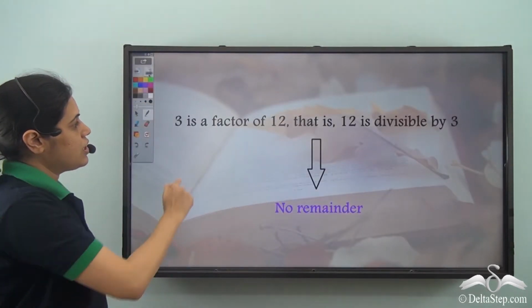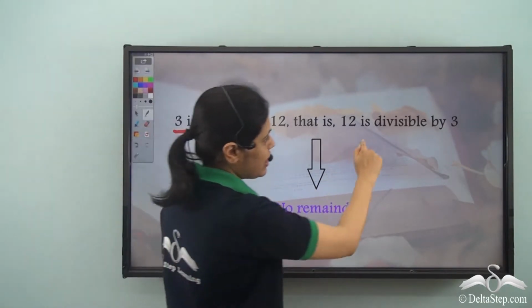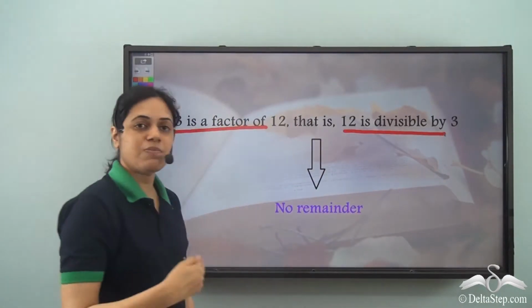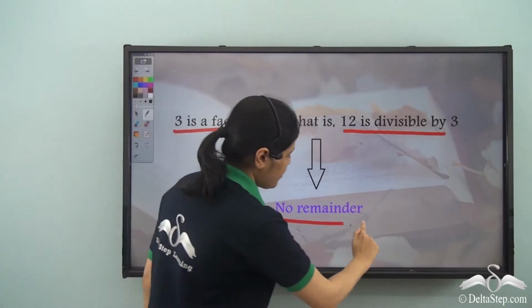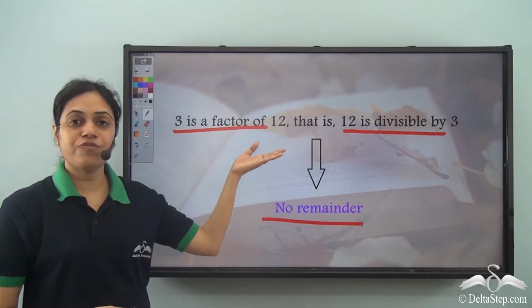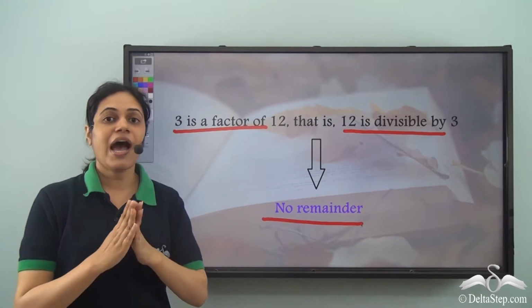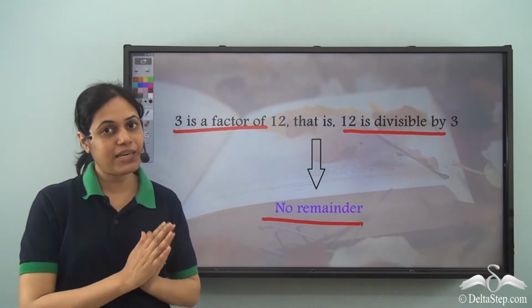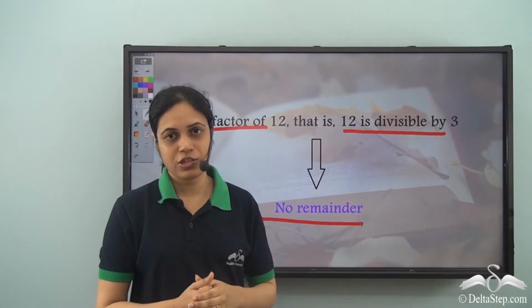So 3 is a factor of 12, which also means that 12 is divisible by 3. And how do I find that? If there is no remainder. So when we need to find whether 3 is a factor of 12 or not, I need to divide 12 by 3 to see whether 12 is divisible by 3 or not.